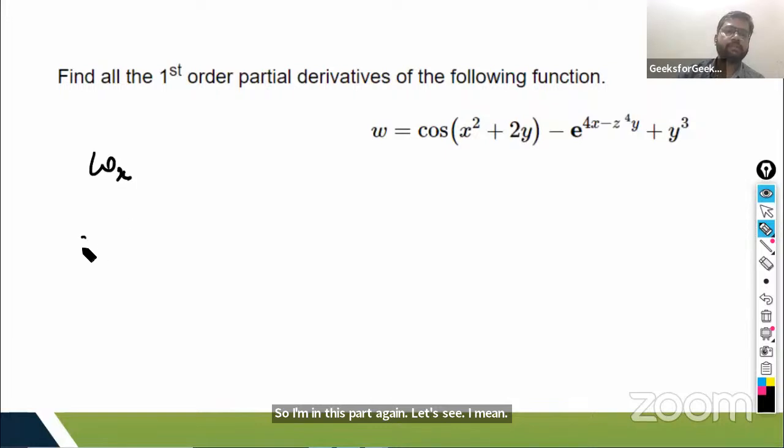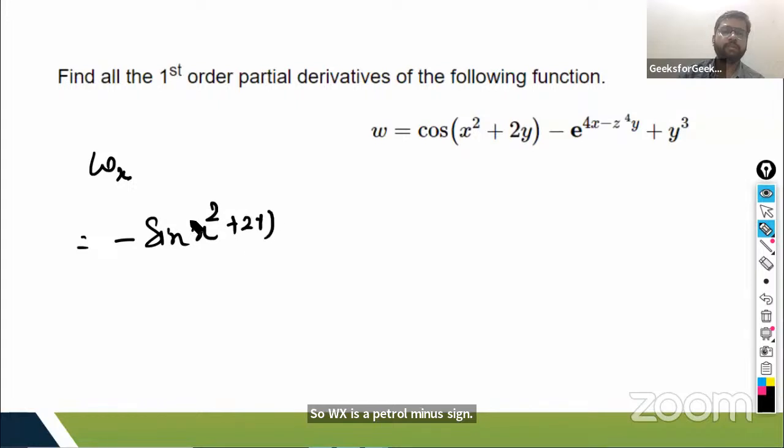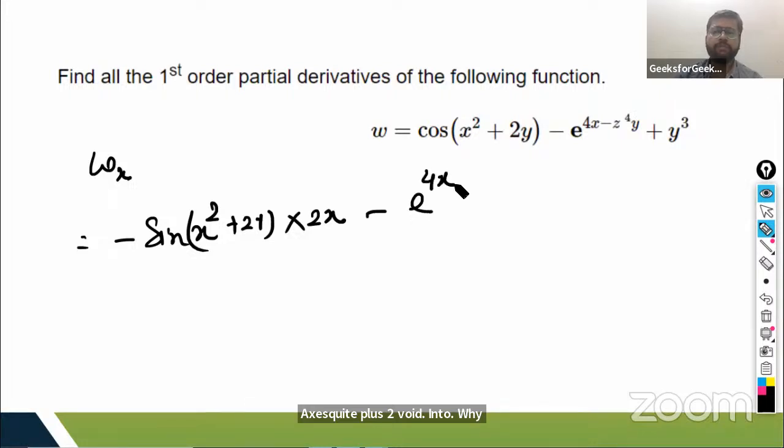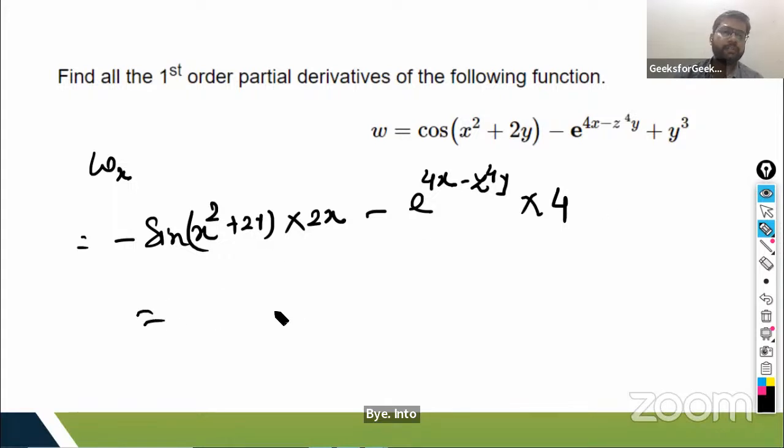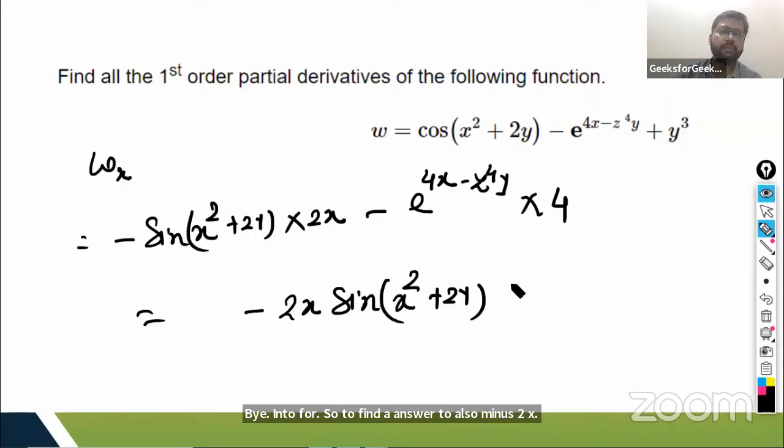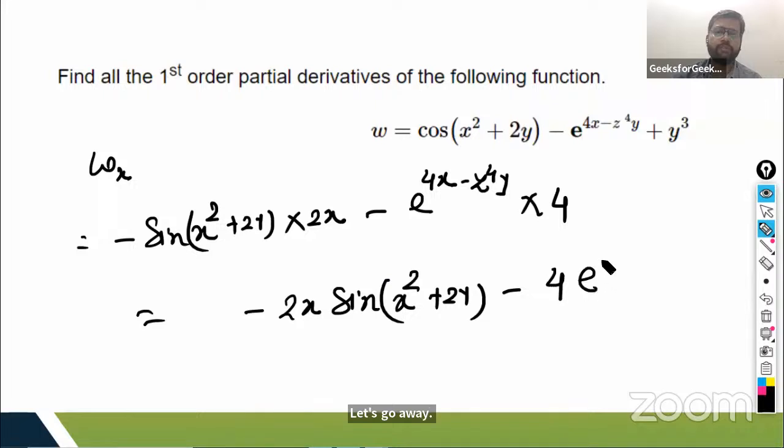So wx is equal to minus sine x square plus 2y into 2x, minus e to the power 4x minus z 4y into 4. So the final answer is minus 2x sine square plus 2y minus 4 e to the power 4x minus z 4.